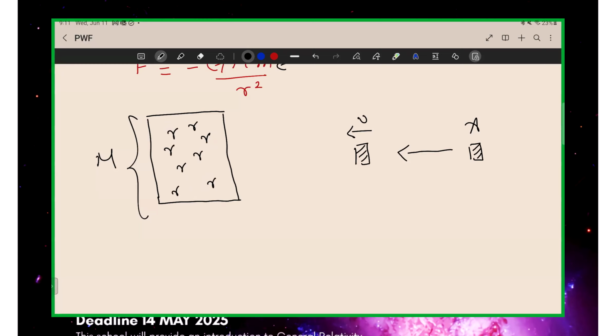Now, this object has gained some speed v, which means that it also has some kinetic energy. Photons don't have mass, but they do have energy. But if gravity was created by only mass, then after you get photons, any gravitational potential energy that you would have between this object A and the particles and antiparticles will just vanish, because now you don't have any mass.